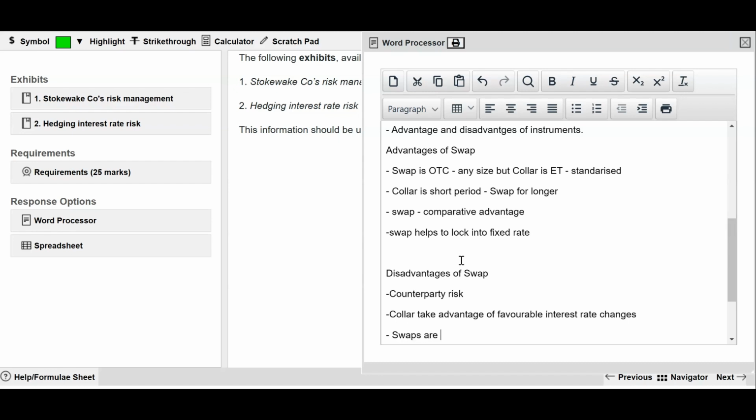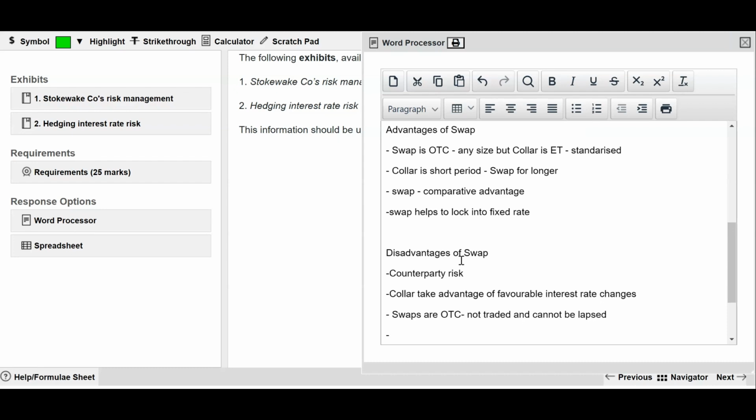Swaps are OTC, over the counter, hence not traded and cannot be lapsed. Sometimes swaps end in higher interest payments. When you go to the fixed interest rate and the base falls, with a swap you sometimes end up with higher interest rate payments.